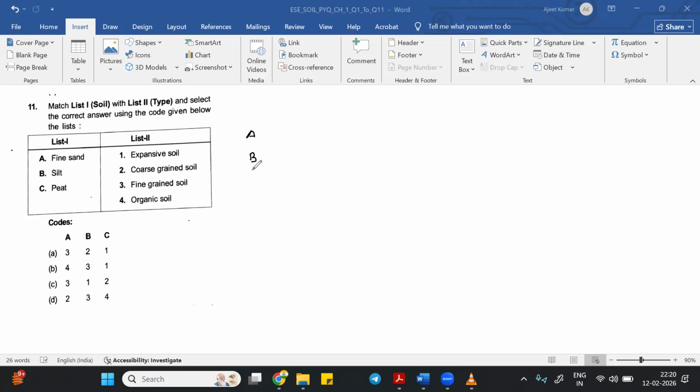So A, B, and C. B is silt, so this is fine grained soil, and B will match with 3. C is peat, and this is organic soil, so C will match with 4. And A is fine sand.